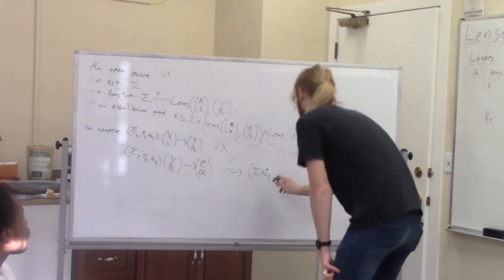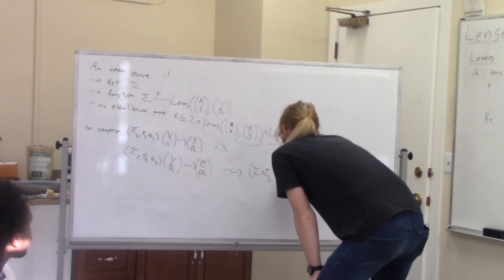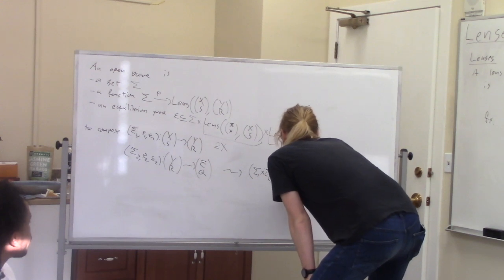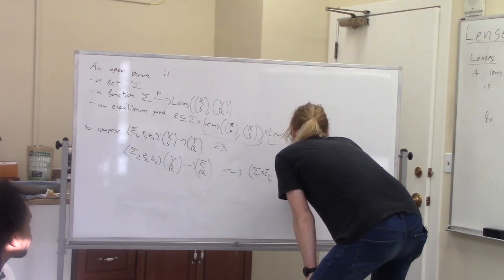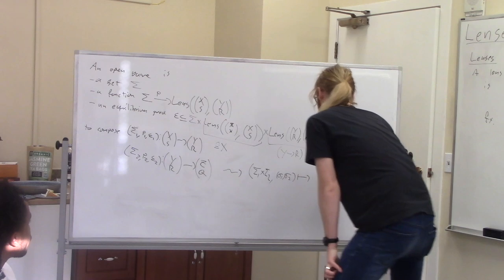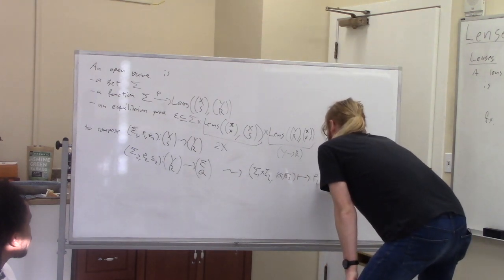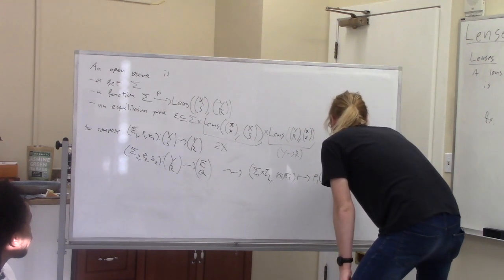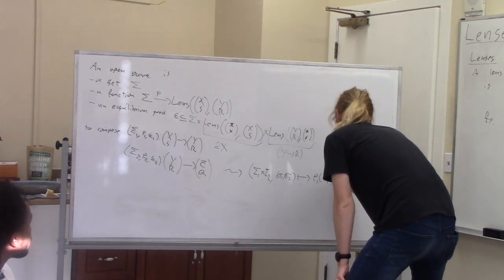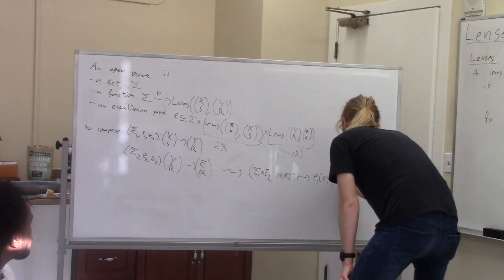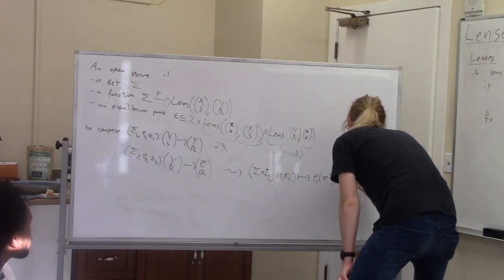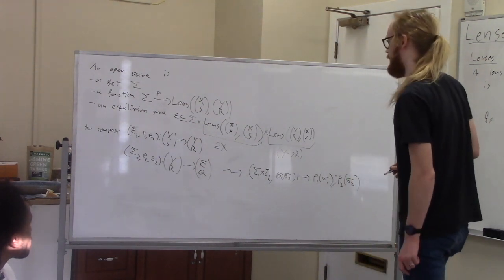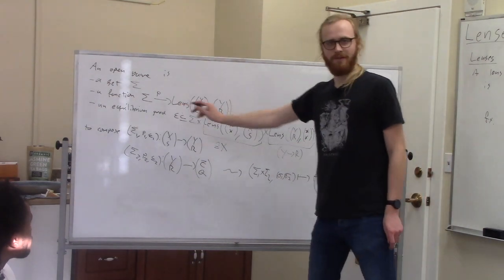To play, you just compose the lenses. So sigma 1, sigma 2 maps to P1 of sigma 1 composed with P2 of sigma 2, written in diagrammatic composition. And finally, what's the equilibrium relation?